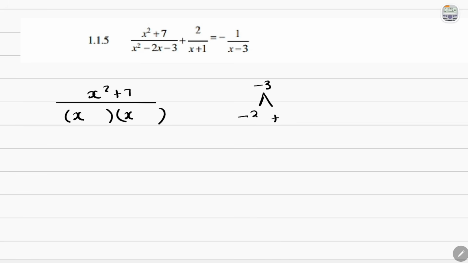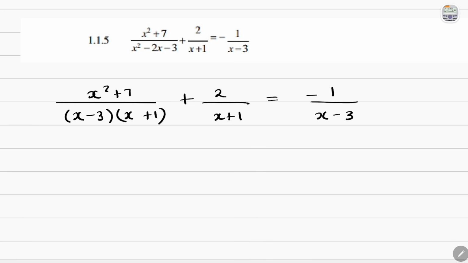But if you make the bigger factor 3 negative and the 1 positive, we know that negative 3 plus 1 is negative 2. Okay, so it's minus 3 and plus 1, and those are our factors. Okay, and then we have 2 over x plus 1 is equal to negative 1 over x minus 3.